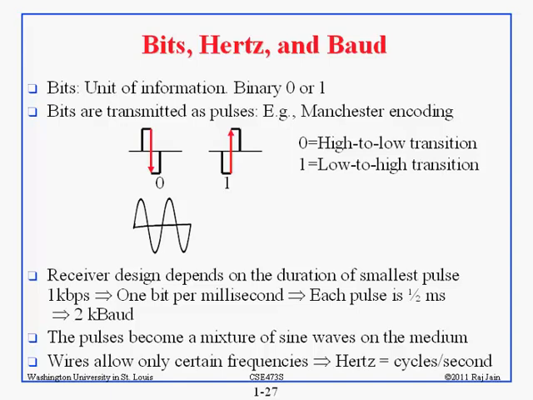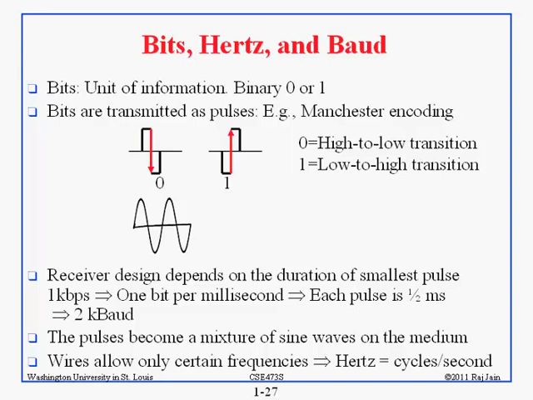Alright, so the receiver cares only for the smallest pulse, and the pulse is measured, you can measure it in seconds or you can measure it in baud. They are just opposite. Half millisecond is the same as 2 kilobaud, half microsecond is the same as 2 megabaud. Okay, alright, so receiver. And the wire cares only for the hertz. By the way, the wire is designed for a particular hertz. So there are 3 people: sender, receiver and the wire. The wire is designed for a particular hertz, so it is fixed.